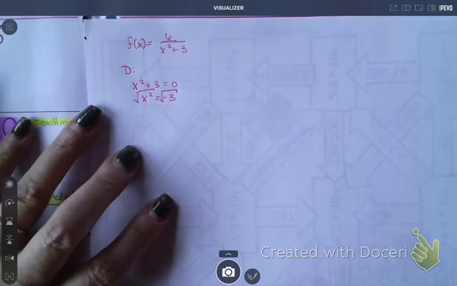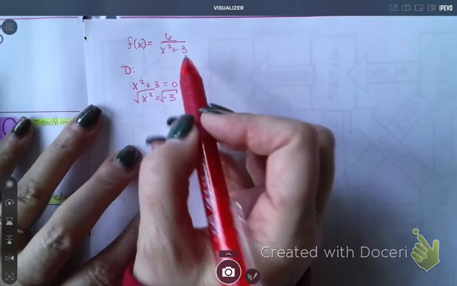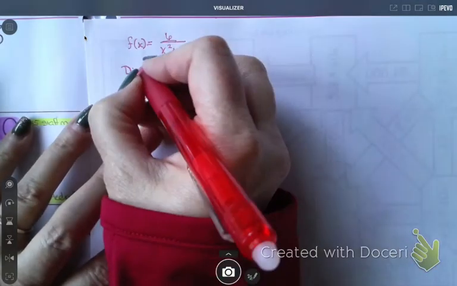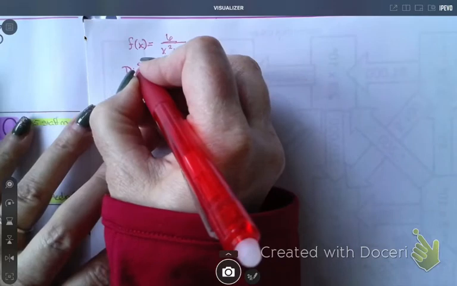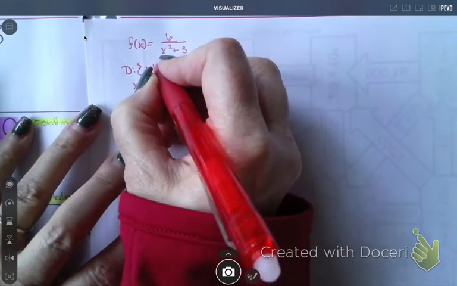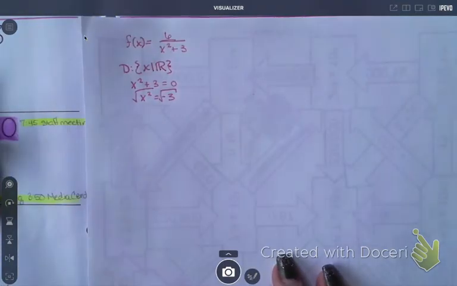So is there anything that's going to make the denominator 0? No. And if I would have looked at it, it's x squared plus, so that's not subtraction, so it's not going to do it anyway, right? So my domain is what then? All real numbers. So x such that x is all real numbers. So we're going to add domain today.